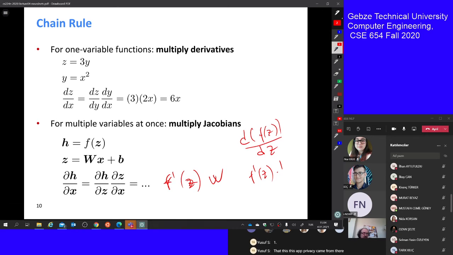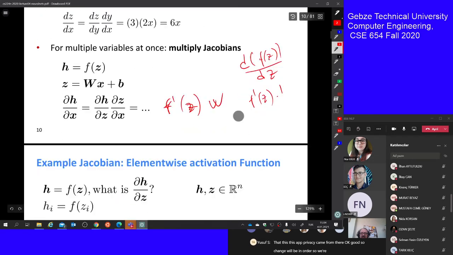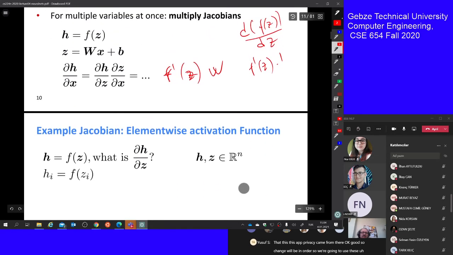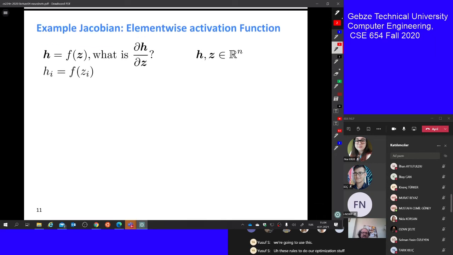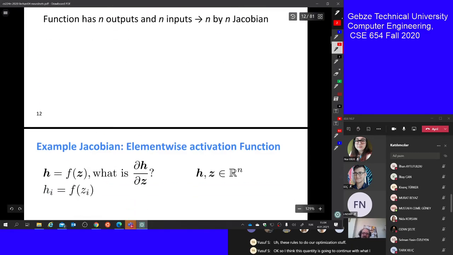Okay, good. So chain rule, we know that. So we are going to use these rules to do our optimization stuff. Okay, so I think it's going to continue with what I did.